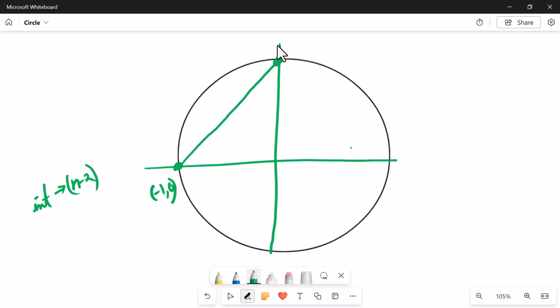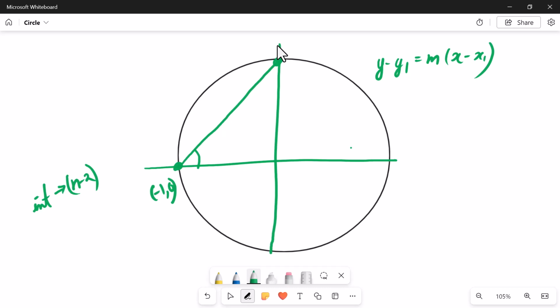The general equation of the line for any theta, for any slope m, can be given using the point-slope formula: y minus y1 is equal to m times x minus x1.